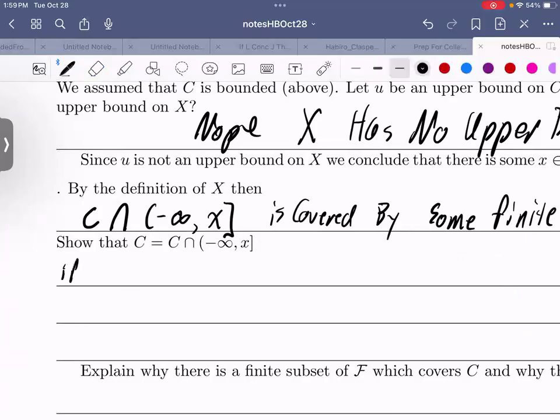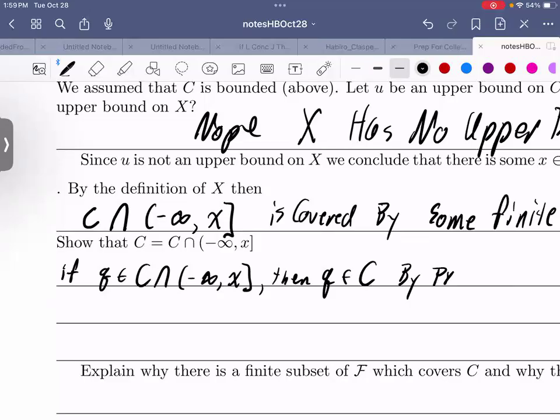Let's see. If Q is in C intersect negative infinity to x, then Q is in C, by properties of intersection.